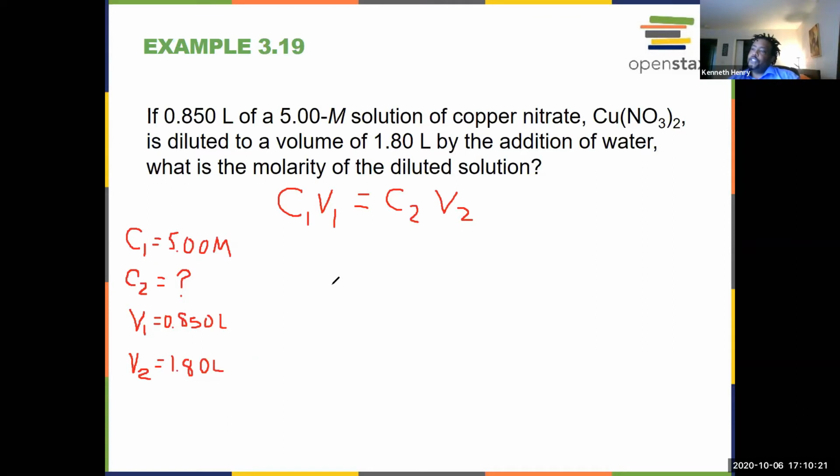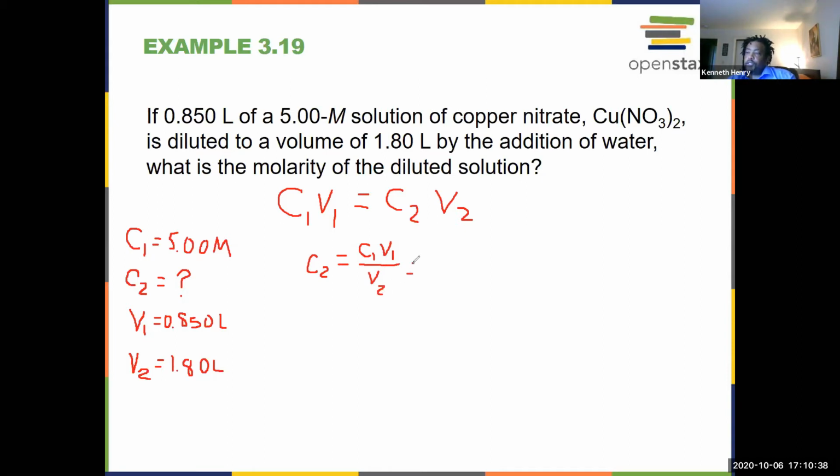Okay, so we want to solve for C2. So we'll get what? Is that true? Yes.